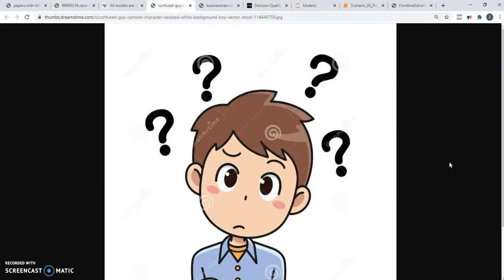If you're going to build a problem-solving model or something to support a decision, you need to make sure that it's easy to communicate and understand.